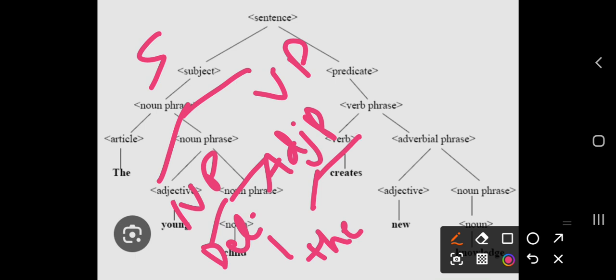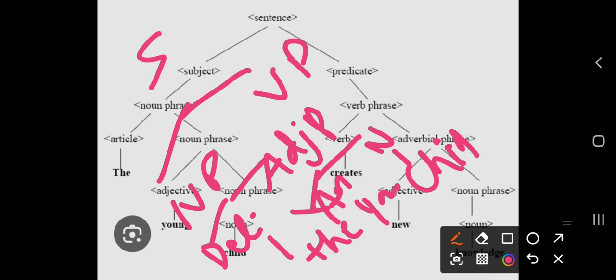So what's the adjectival phrase? That's young, the adjective. And then child, so that's a noun, child. So that noun phrase is done.